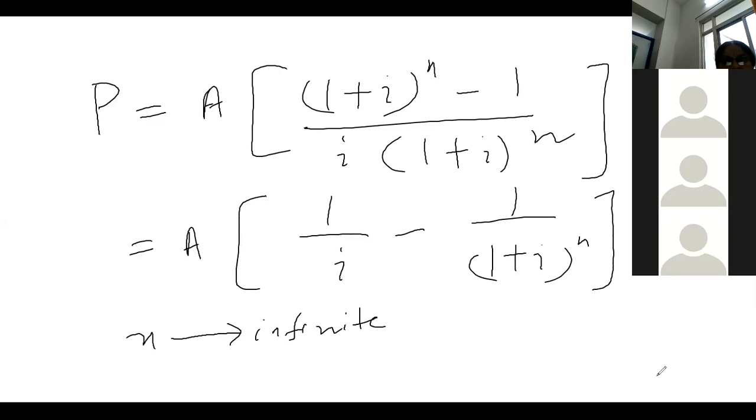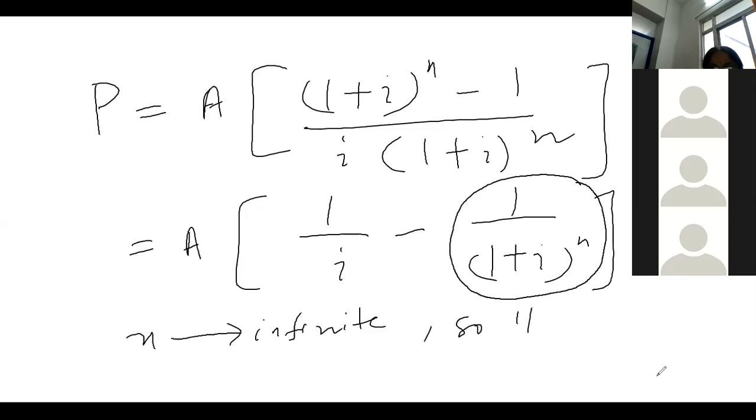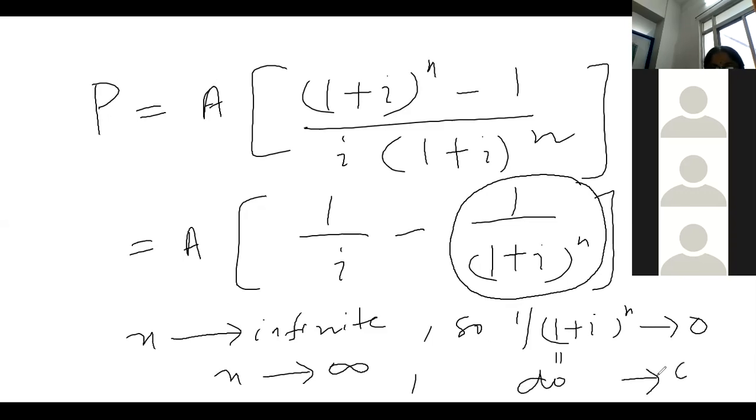So your n goes to infinity. That means this term approaches 0. It becomes so large that this approaches 0. As n approaches infinity, this term in equation 5 approaches 0.